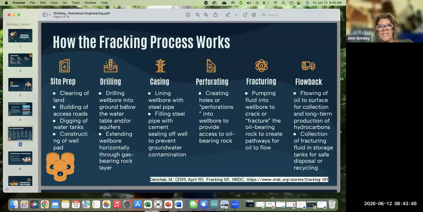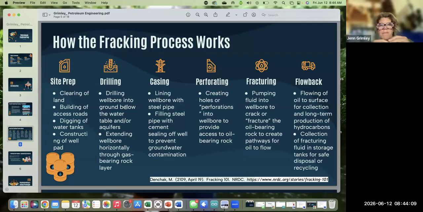The process involves prepping the site, which is clearing of the land, digging, the construction of the well pad, and then the actual drilling of a well bore into the ground. The key is to get below the water table or any aquifers.